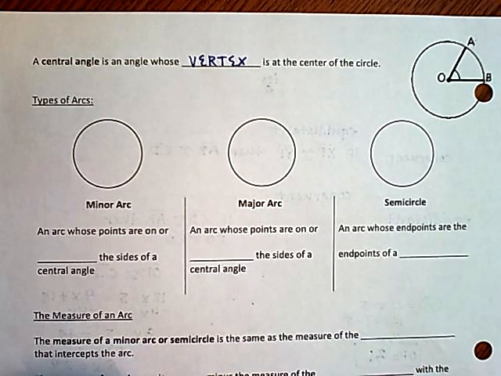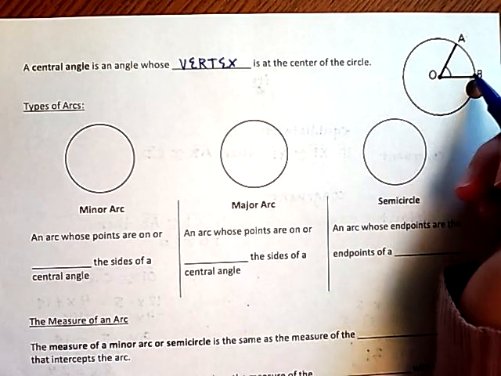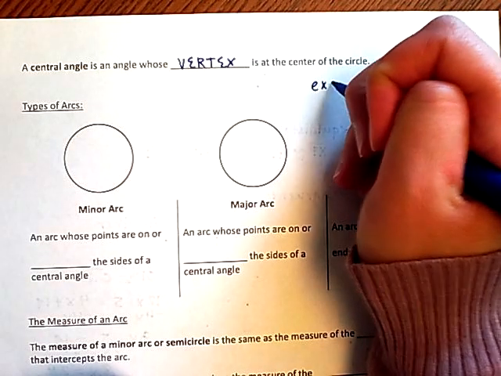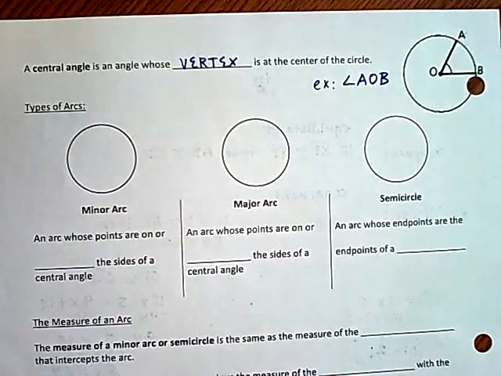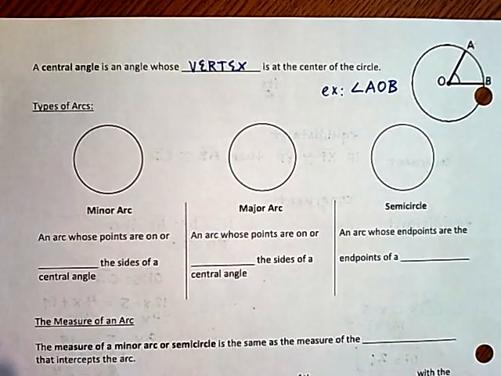So notice in this diagram that the vertex of this angle is also the center of the arc. If I were to name it, I would name this angle AOB. That's not necessarily new, but that's what a central angle looks like. We always assume it connects to the center of the circle from 2 points that lie on the circle.